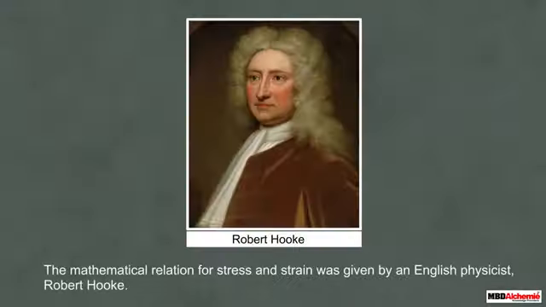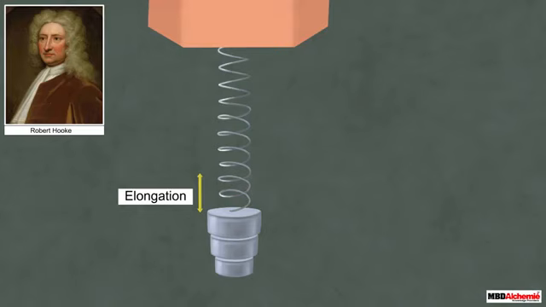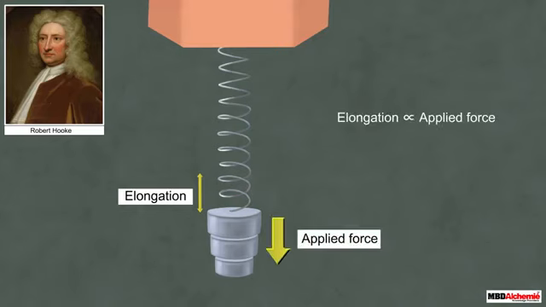The mathematical relation for stress and strain was given by an English physicist, Robert Hooke. He performed experiments on springs and found that the elongation, change in length, produced in a body is proportional to the applied force. He presented his law in 1676, which is known as the Hooke's law.